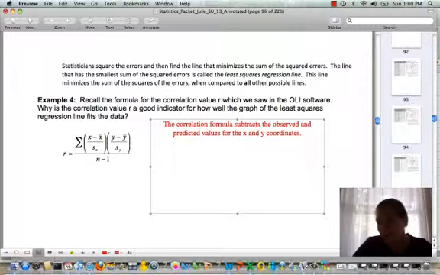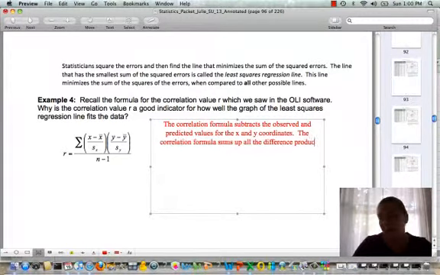And then the correlation sums up all these differences in their products. So the correlation formula sums up all the difference products, we call them, because see how there's some multiplication going on in there, for x and y values.